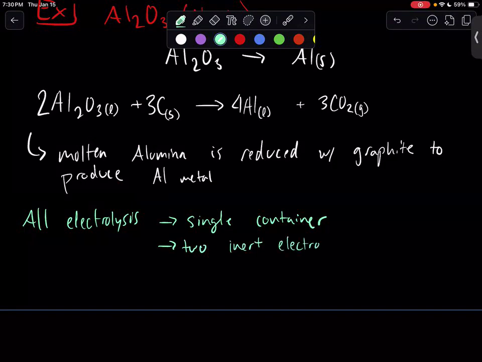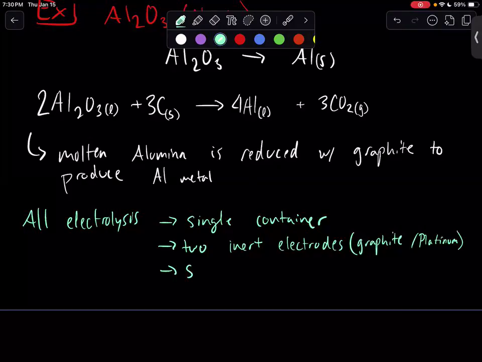Our electrodes we don't want to react. Now, in the alumina example, our electrode does react with oxygen because our electrodes are usually graphite or platinum. Now, we don't use platinum too often, mostly because it's expensive. In a school setting, we're likely going to just use a graphite rod.